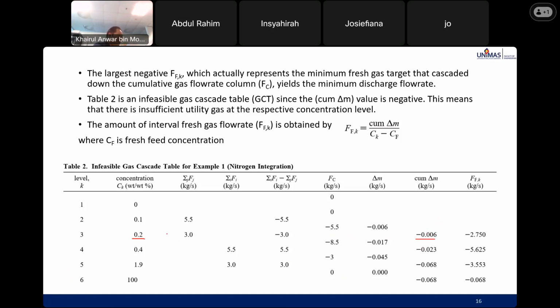Divide by 0.2, times 100. Why 100? So you will get 2.75.